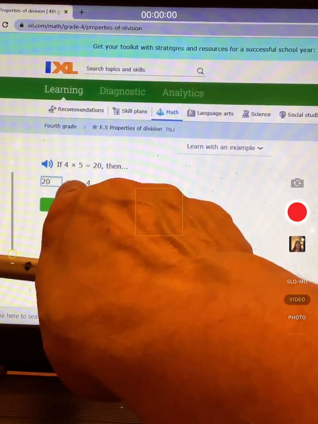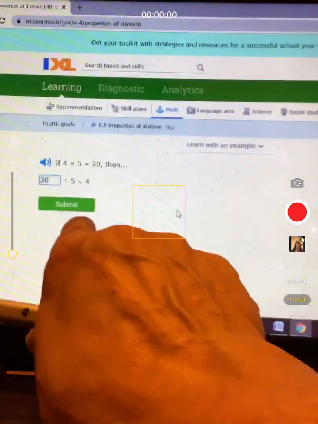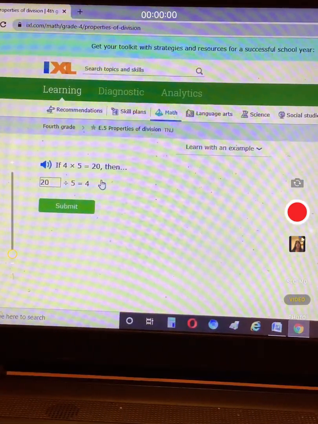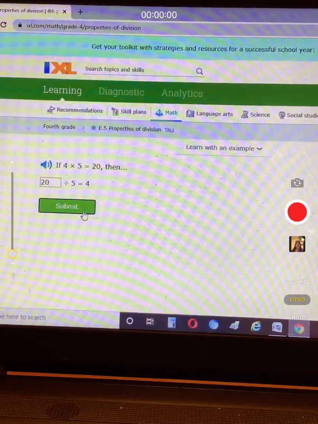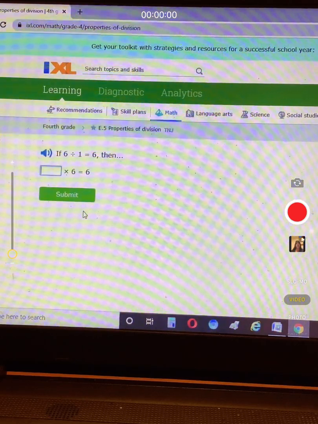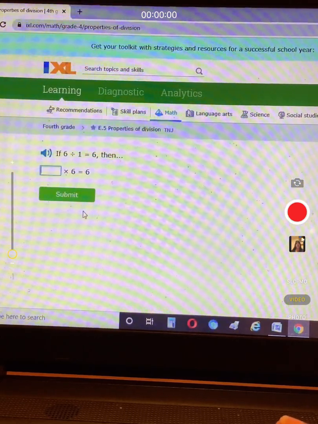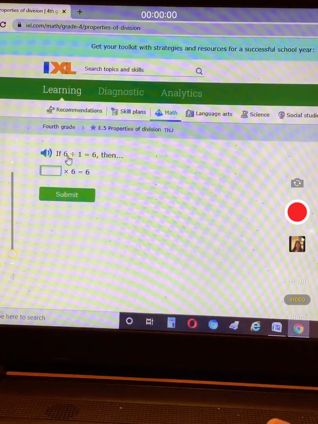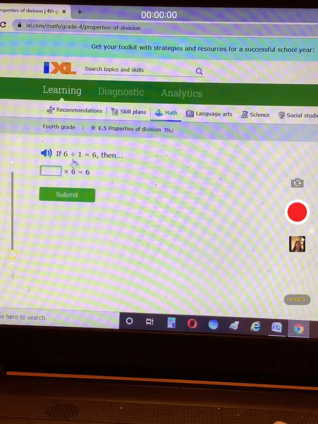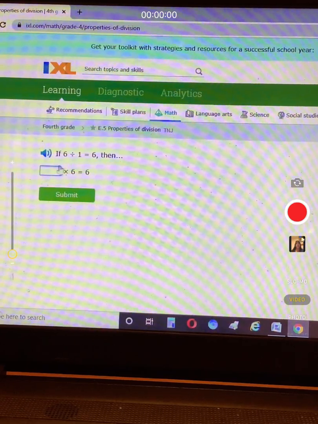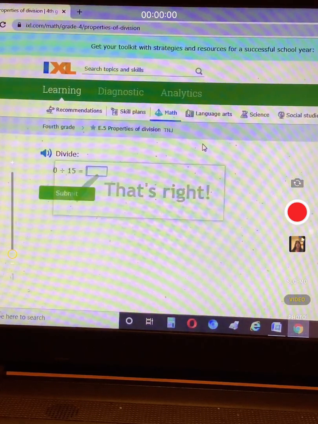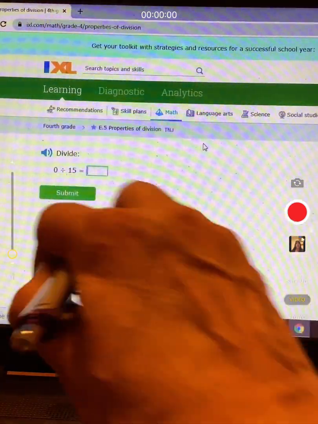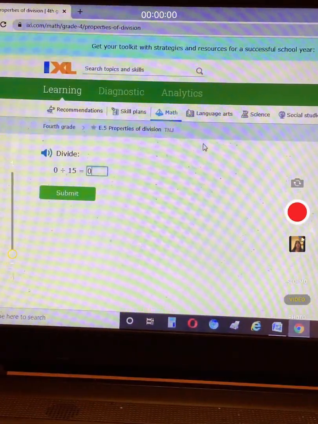So 5, 4, bring the 20 over there. Okay? There we go. If 6 divided by 1 equals 6, then there's your 6. There's your 6. What number do I have left? 1. 1 times 6 equals 6. Oh, look, I see a 0, so my answer has to be 0.